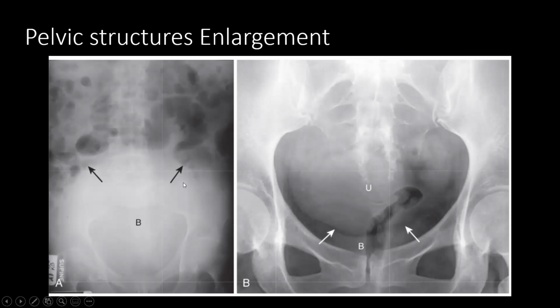This is an enlarged bladder, and it is occupying and displacing the bowel upward. So this is an enlarged bladder. Now this is a male. When I see an enlarged bladder in a male, especially if he is elderly, I will most likely be thinking of benign prostatic hypertrophy, which is BPH.